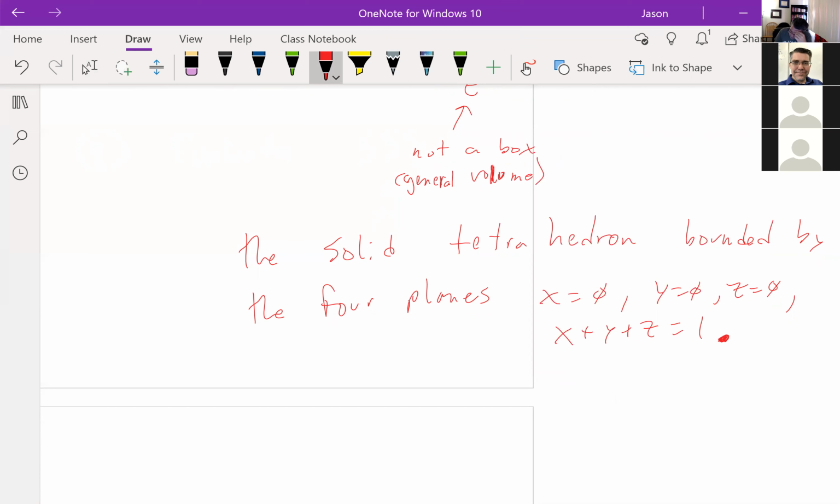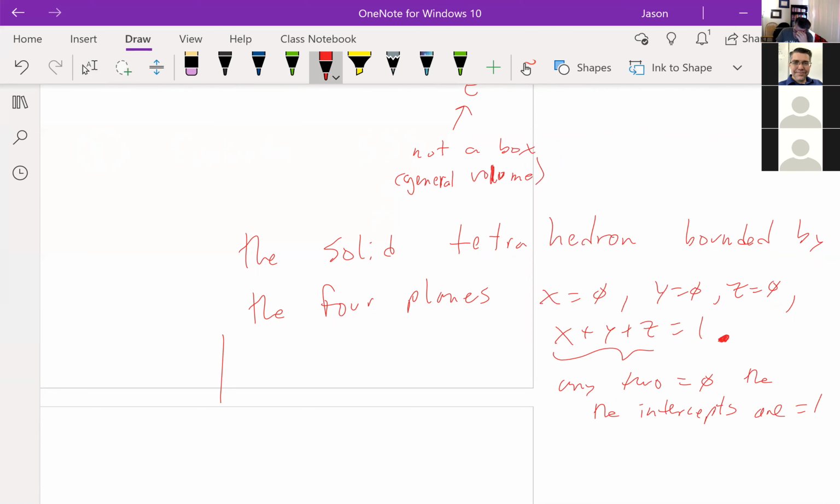What happens when any two of these equal 0? Then the other one, the intercepts, are equal to 1, aren't they?